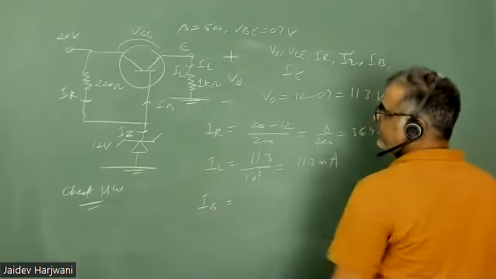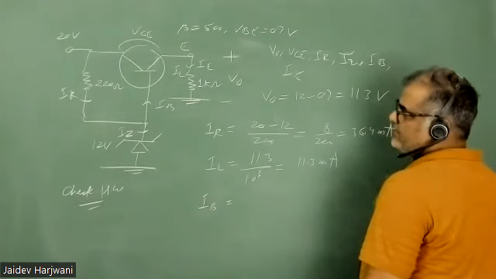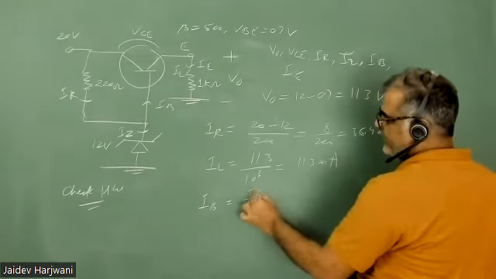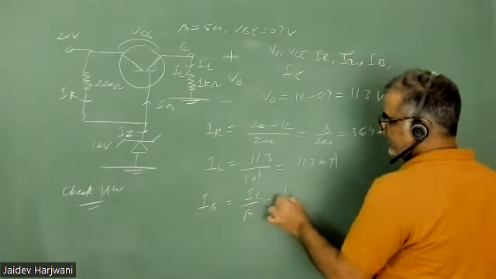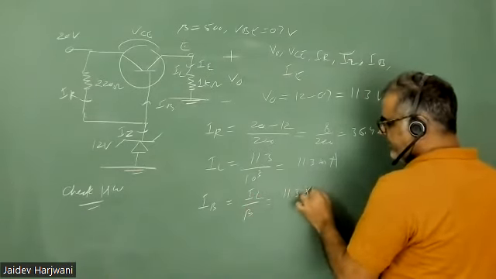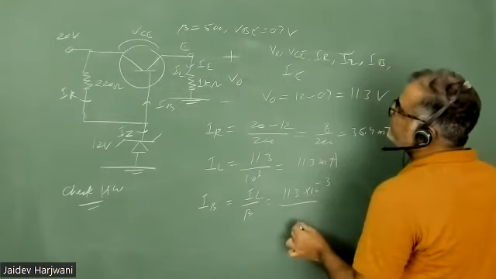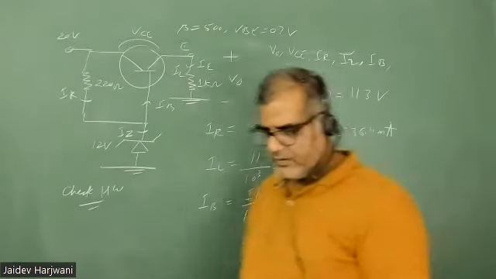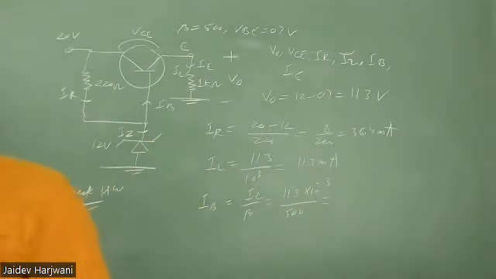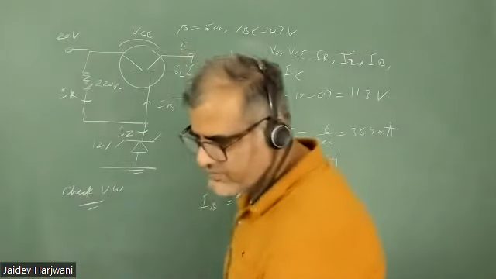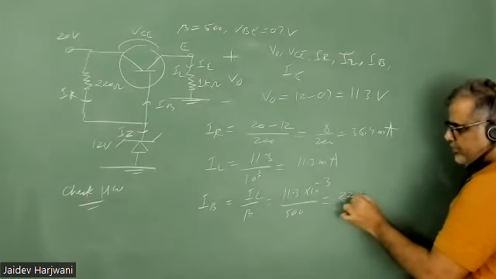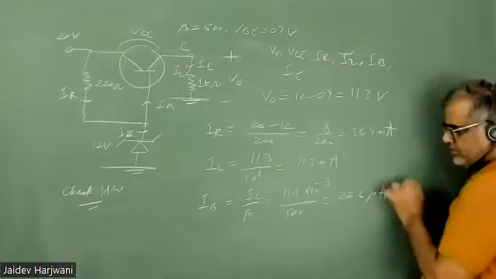IB is your IC upon beta; IC, the IE which you found, that is IL divided by beta, 11.3 milliampere, beta is 500. How much is it coming? That is 22.6 microampere.